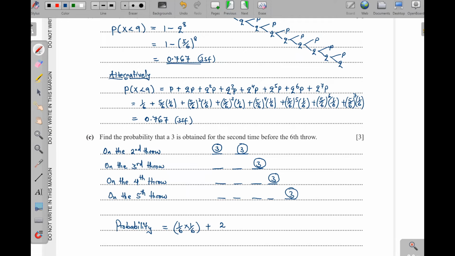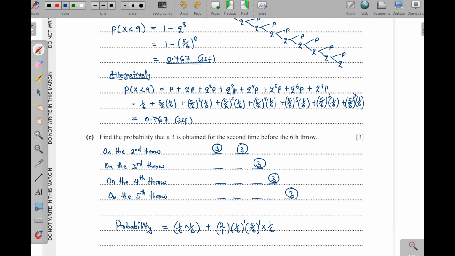So out of the 2, I have 1 success. So probability of obtaining a 3 is 1 over 6 power 1. And then 5 over 6 is power what? Is power 1. And then times the probability of obtaining a 3 here, which is 1 over 6. You see that? So I'm going to treat these as binomials.